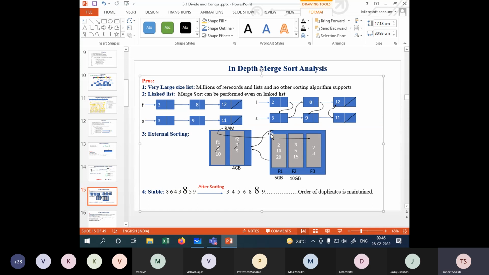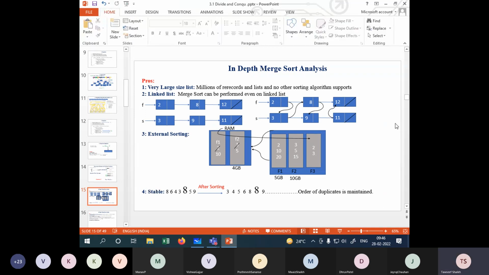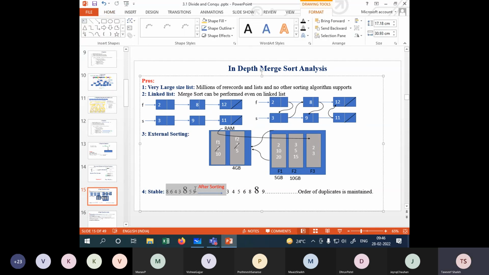So we are discussing the advantages, or the pros, of this algorithm. The final important one is that it is a stable algorithm. Merge sort is a stable algorithm. And what does stable mean? Suppose we have an array like this with elements 8, 6, 4, 3, 8, 5, 9.